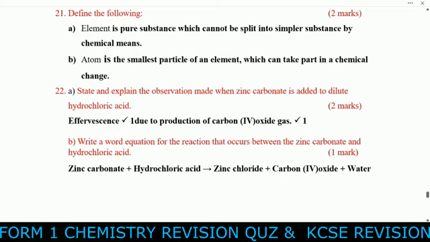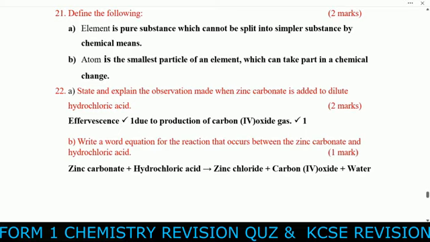Question number 22. You are to state and explain the observation made when zinc carbonate is added to dilute hydrochloric acid. What happened is that we have effervescence due to production of carbon dioxide gas.